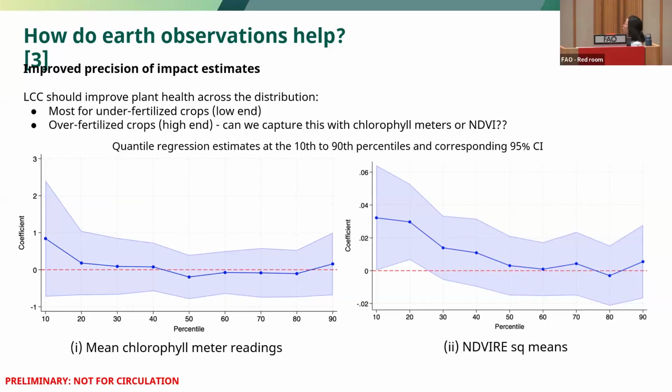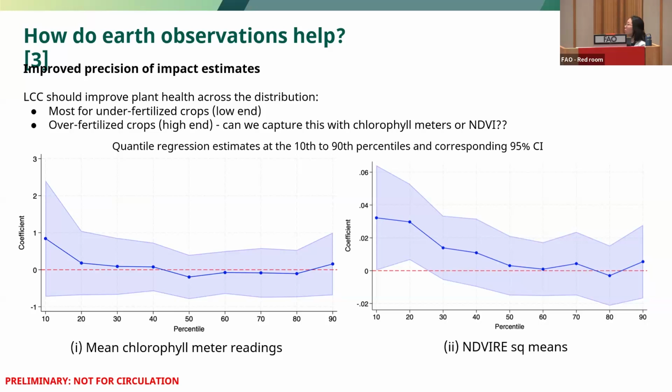If you focus on just the central estimate, the dark blue line, between the mean chlorophyll meter readings and NDVI values, you see that the pattern of the trend is similar: the largest effects are at the bottom of the distribution, and they fade away as you move up.